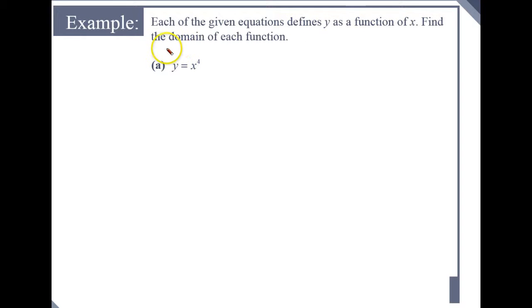So another way to write that would have been f of x equals x to the fourth. Now, are there any values of x that would make this statement untrue? And the answer is no. And you'll see as we go on and give you some other examples. So there are no qualifications here.